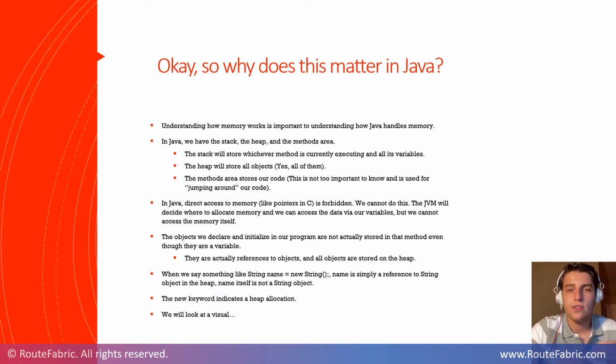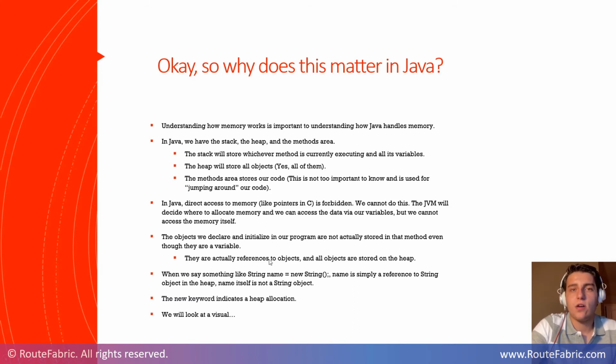So in our methods, we're going to have reference types, so that'll be like a reference to an object, and the actual data for that object will exist on the heap, and we can access the data through our reference. So when we say something like string name equals new string, name is simply a reference to a string object in the heap. Name itself is not a string object.